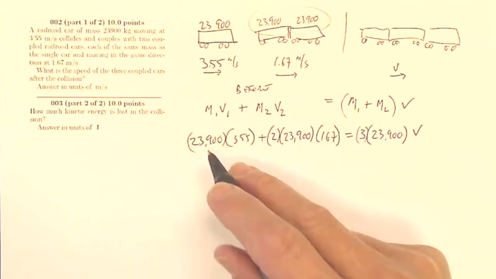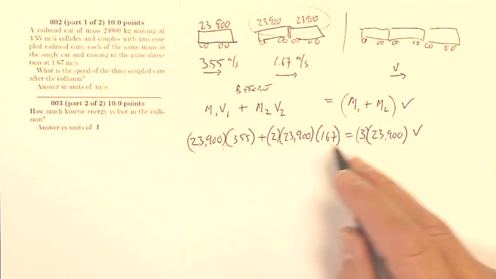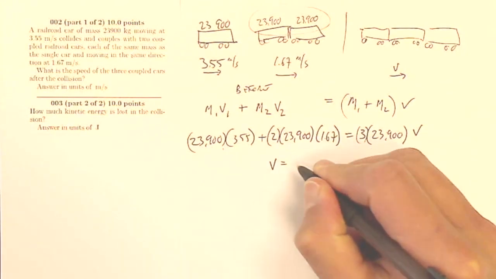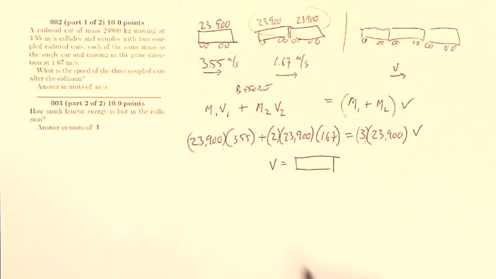So I'm going to take all of this, multiply and add, divide by this, 3 times 23,900, and I will get a velocity for those cars moving together. It's going to be positive to the right.